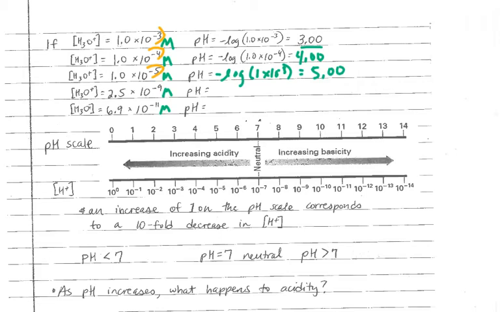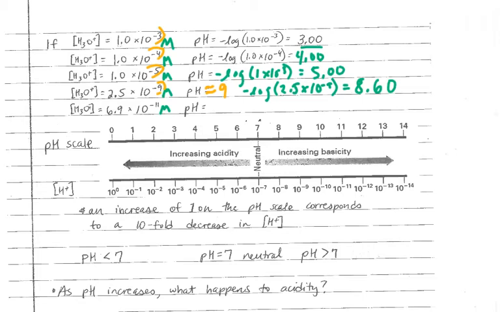So we can estimate that the pH for this next one is going to be about 9. And if we do the math and we do the negative log of 2.5 times 10 to the negative 9, we get a pH of 8.6. And that is indeed close to a pH of 9, which we estimated.